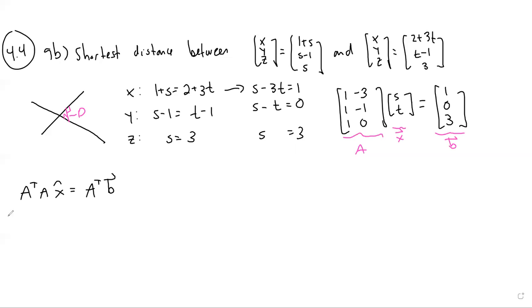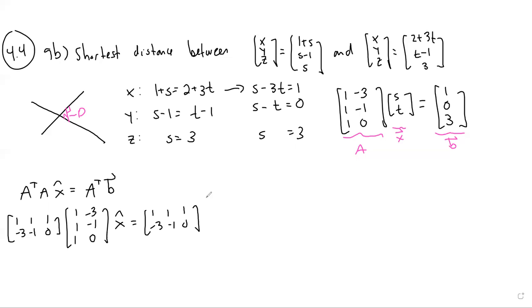We should be able to just plug it all in here. So my transpose of A is like this, times x hat. I always want to draw the vectors. Then the rows (1, 1, 1) and (-3, -1, 0), times the b vector (1, 0, 3).